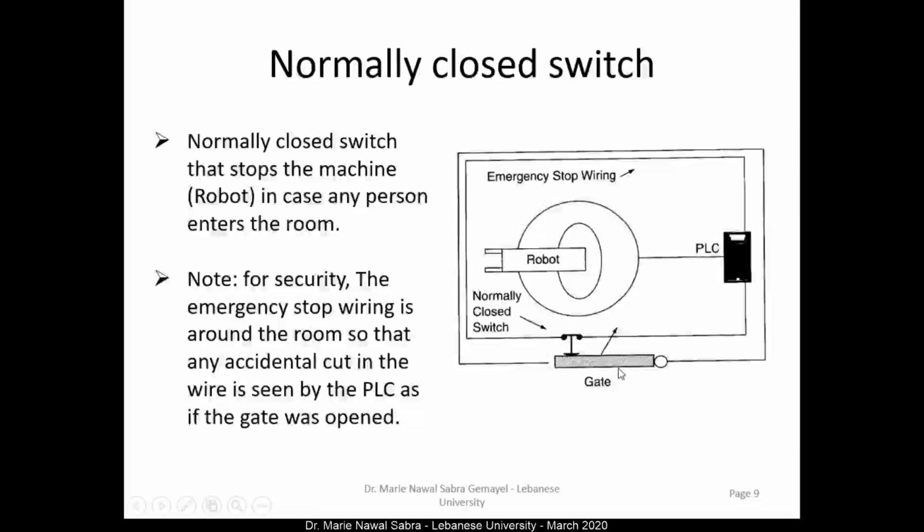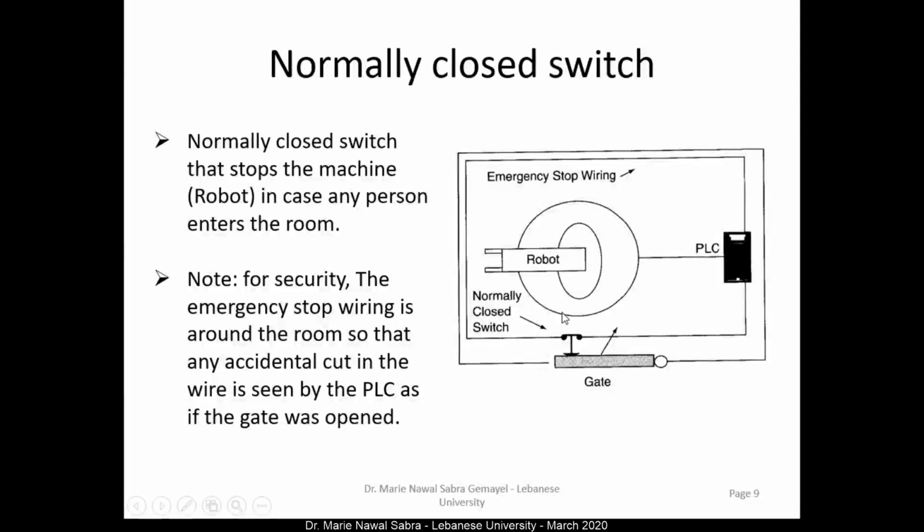If I have many different gates, they are going to be connected here with normally closed switches, and whenever any of these gates opens, the circuit which is normally closed, giving current to the PLC to function, is going to open. Once it opens, the PLC of course turns off and the robot stays still so that it doesn't hurt anybody that could come in for maintenance or checkup.